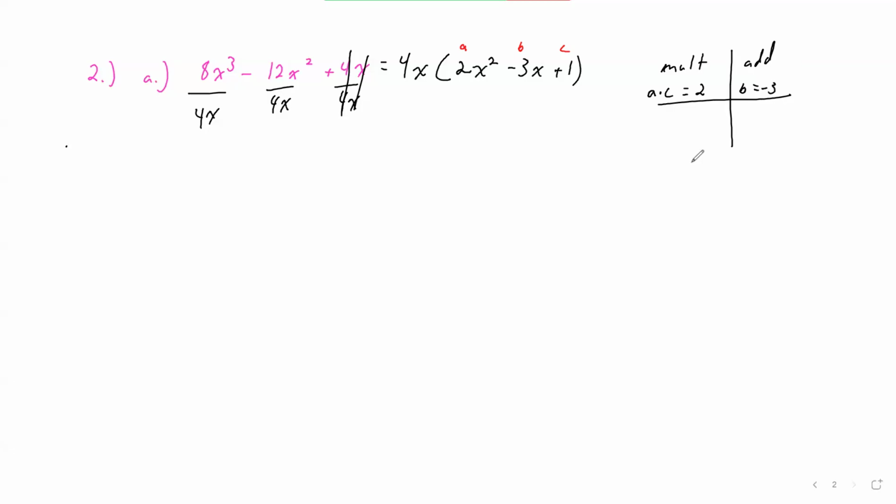So now what two numbers multiply to 2 but add up to negative 3? Close. So it is 1 and 2 because that's your only multiple of 2. Yeah, that's all you have. Well, this right here adds up to positive 3. I want it to add to negative 3.